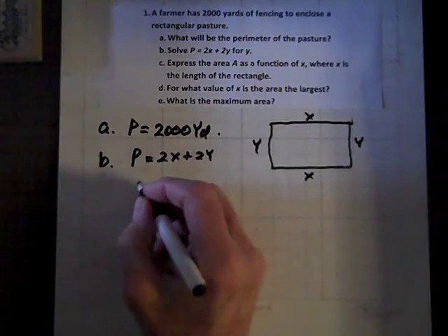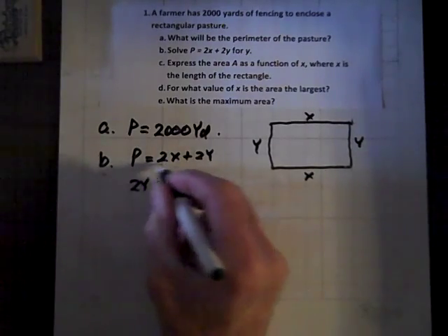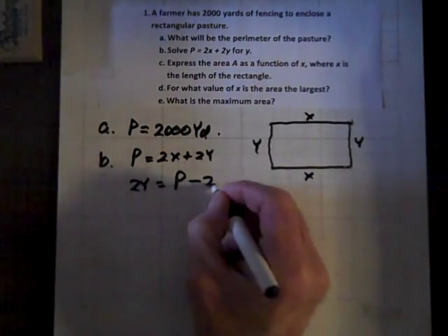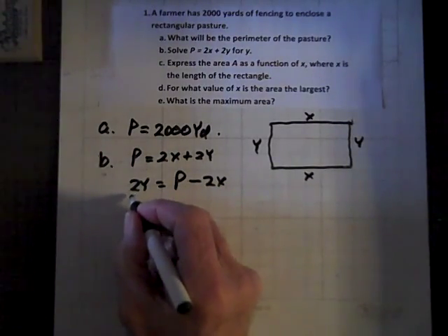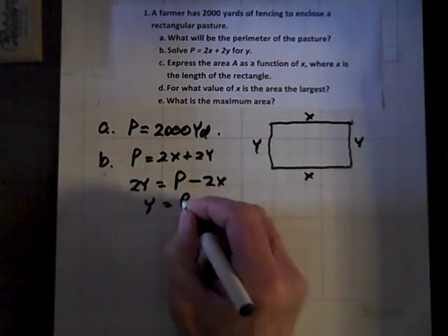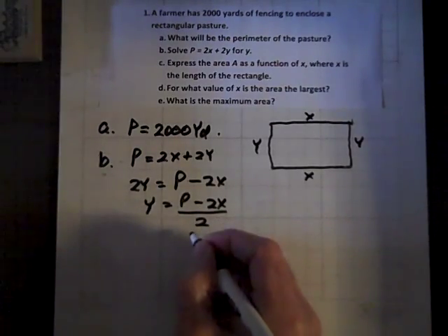Okay, so 2y then equals, subtracting 2x from both sides, p minus 2x. And now if we divide both sides by 2, we'll have y equals (p minus 2x) over 2.